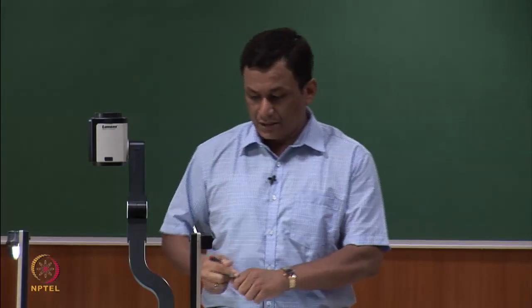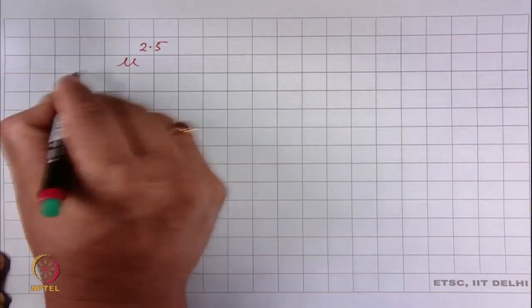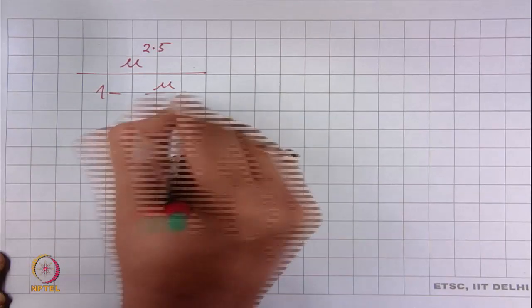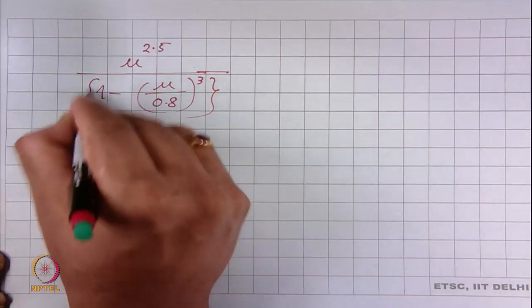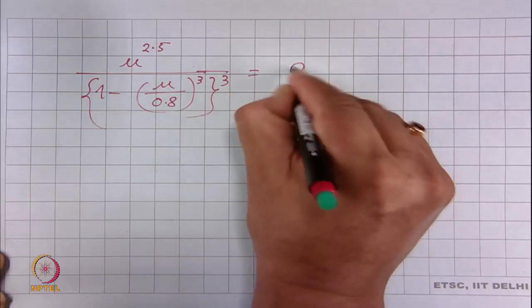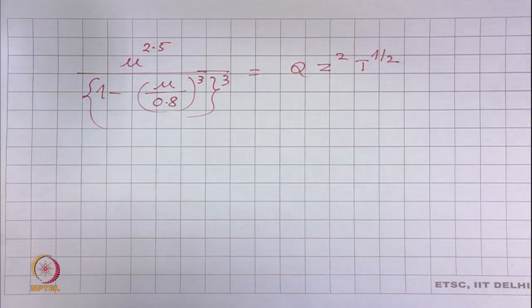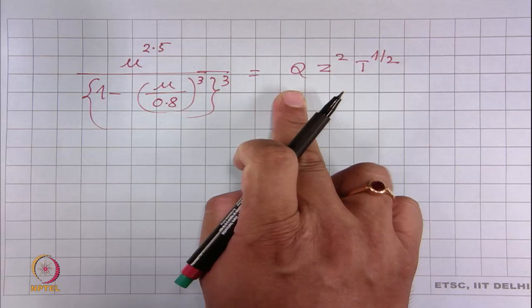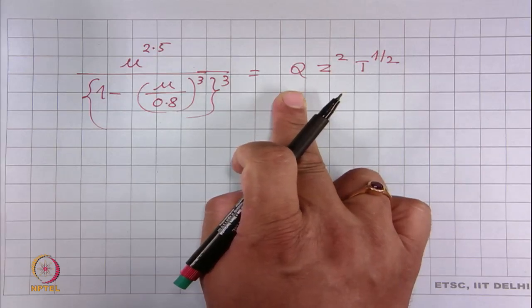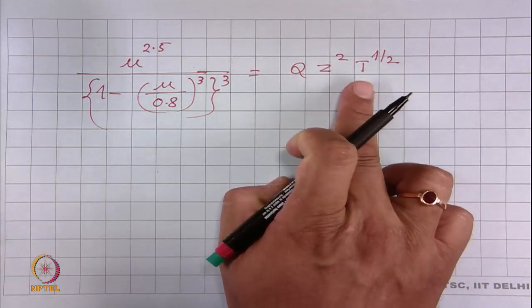One relation was this, where mu is packing density, q is a parameter for different fibers and different technologies, the values of q will be different, and we have already told about those values. Z is yarn twist, capital T is yarn fineness.